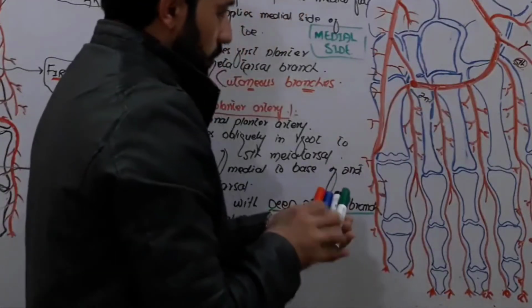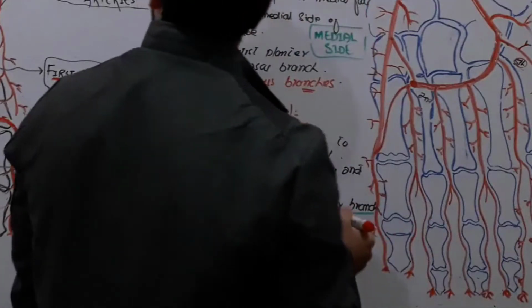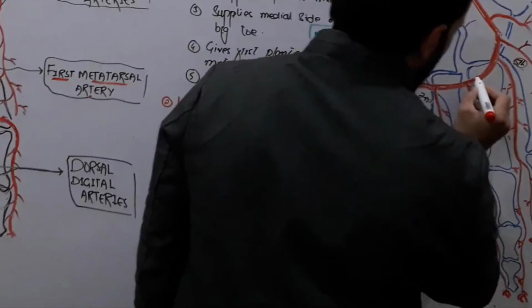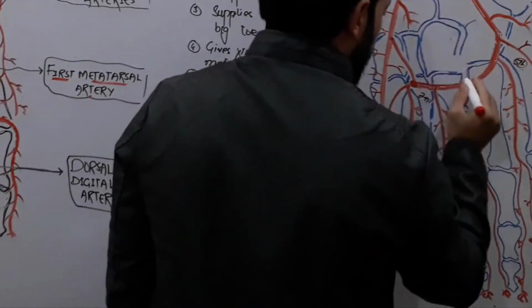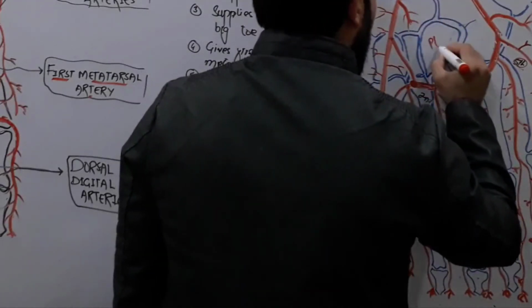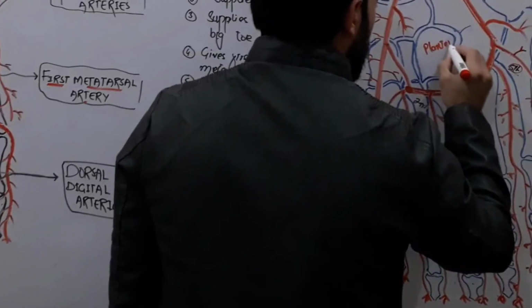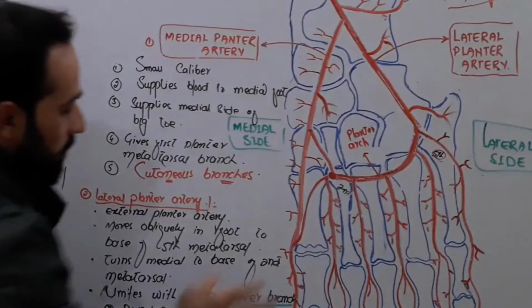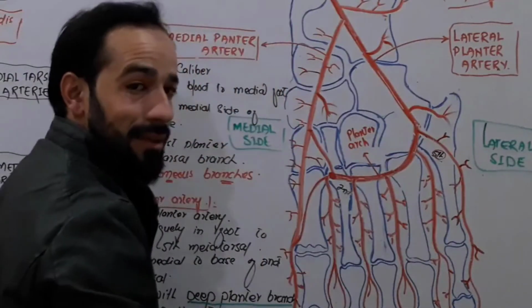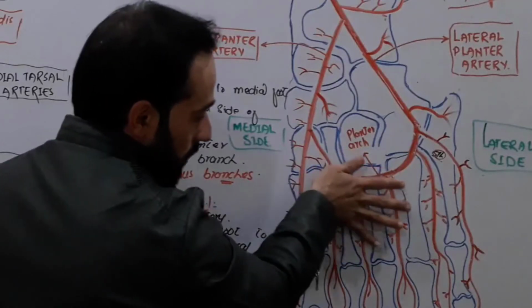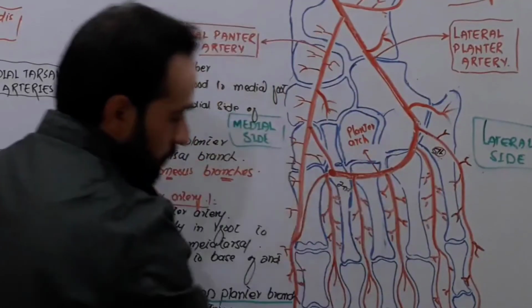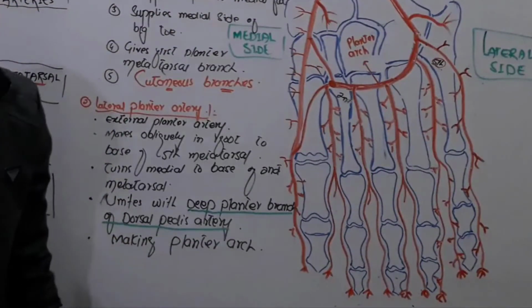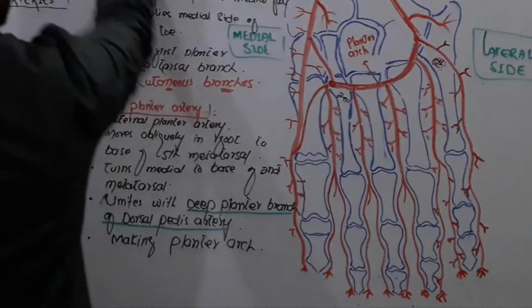So the next important thing that we have to discuss is the plantar arch. Let me name it here: plantar arch. From this plantar arch, there are the plantar metatarsal branches. Then the plantar metatarsal branches give the plantar digital arteries, and then that will be the end of our lecture, right?